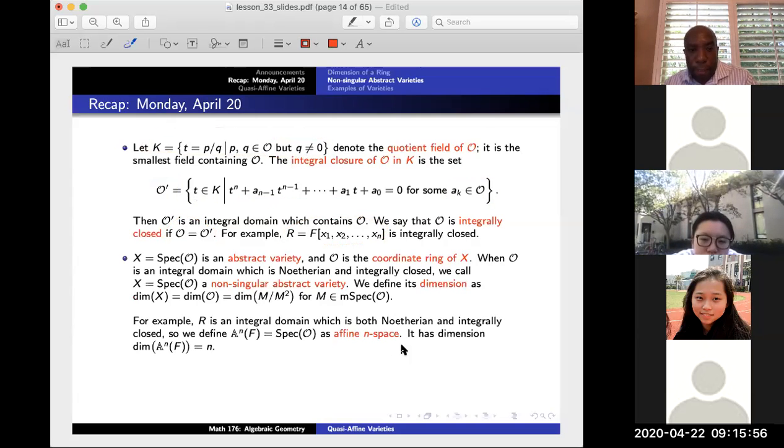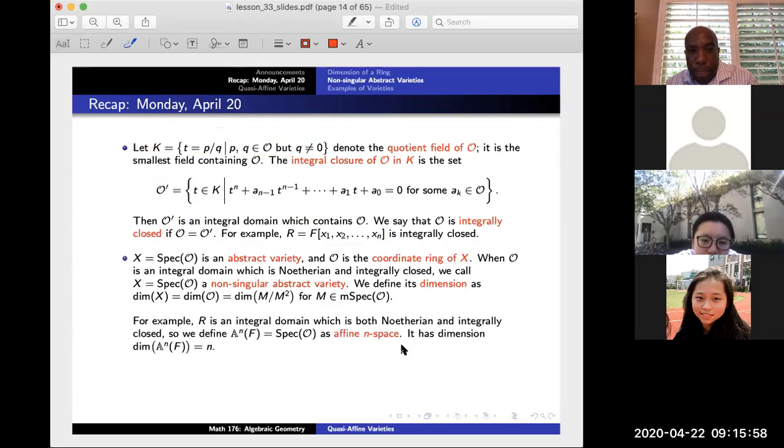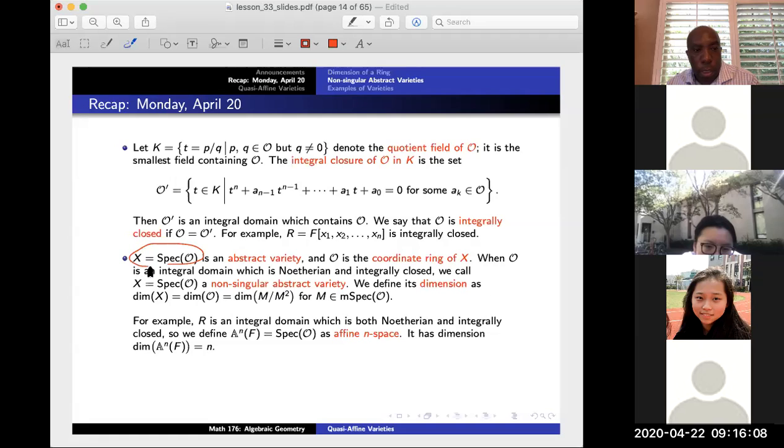Okay. So once we have this, now we can piece together what it means to be a non-singular variety. Again, remember that O here is an integral domain, and we're going to say that spec of O is an abstract variety. So spec of an integral domain is what we're calling an abstract variety.